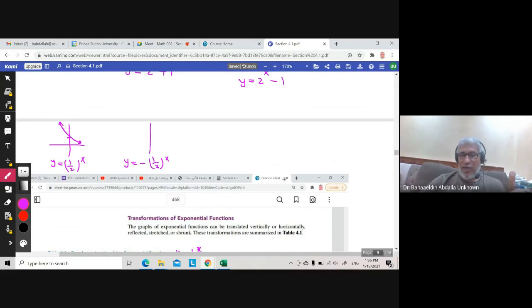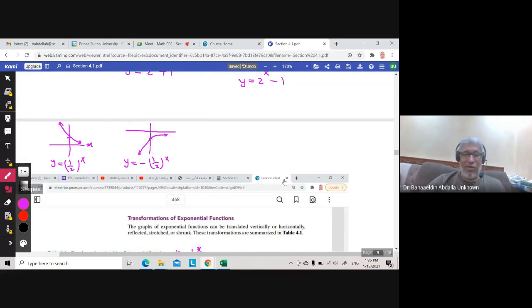It would be reflection about the x-axis. You multiplied y by negative, so it would be reflection about the x-axis. So this would be the graph. This is the x-axis. So you reflect the graph about the x-axis.